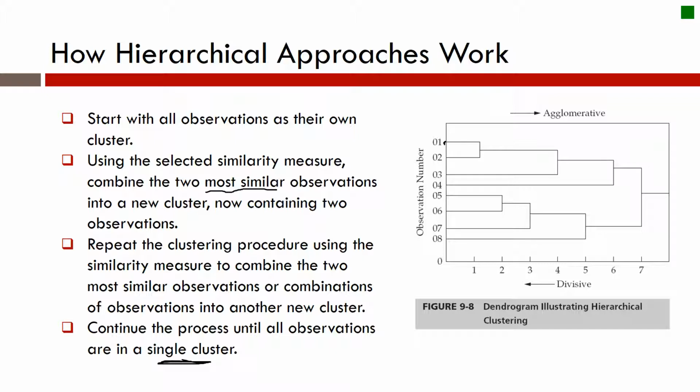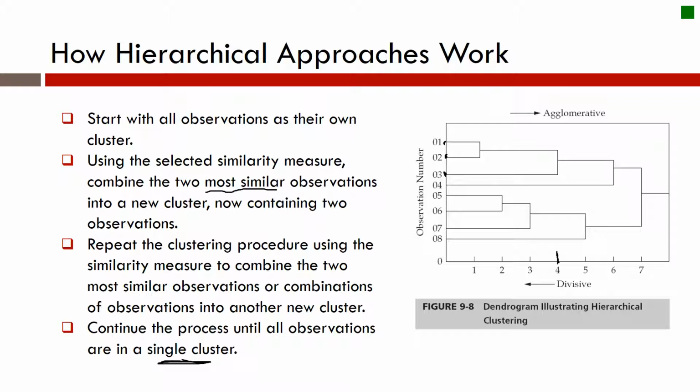Here we have observation 1 and observation 2, which have fallen together. Then we have other observations. Observation 3 does not directly go in until the fourth stage, or fourth iteration. Meanwhile, while these first iterations are going on, 1 and 2 went together.